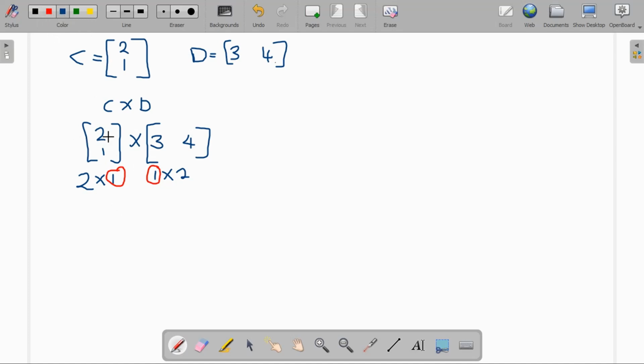So how do you multiply? Row by column, row by column. The answer will be a 2 by 2 matrix, remember. So say 2 times 3, that's a row multiplied by column. There's no other number down here on this column, so we move on, row again multiplied by column.